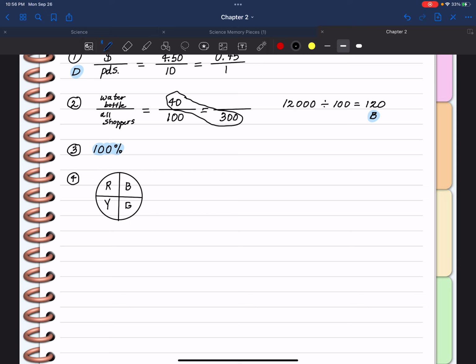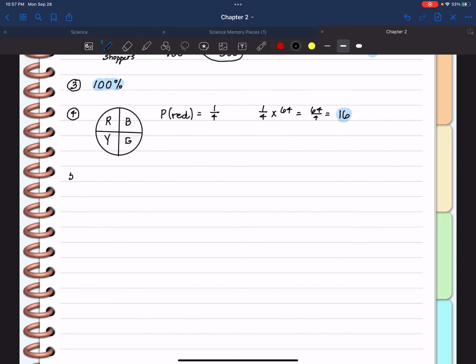So the probability of red is 1 out of 4. And then 1 out of 4 times 64 is 64 fourths, which is 16. So I don't have multiple choice. I will just mark that as my answer.